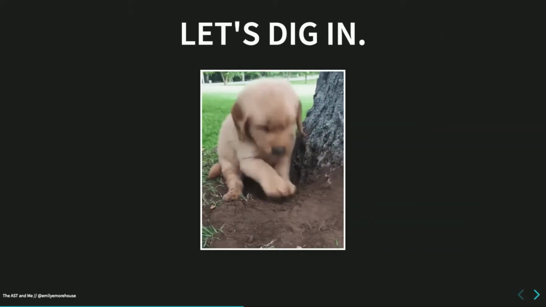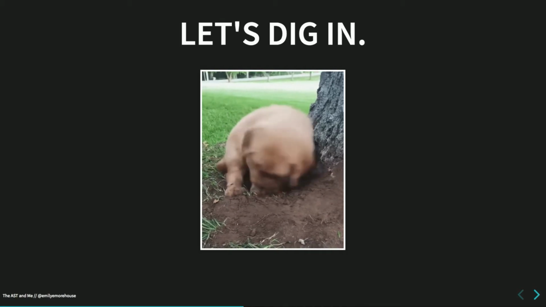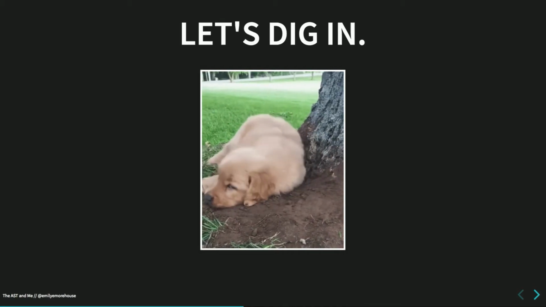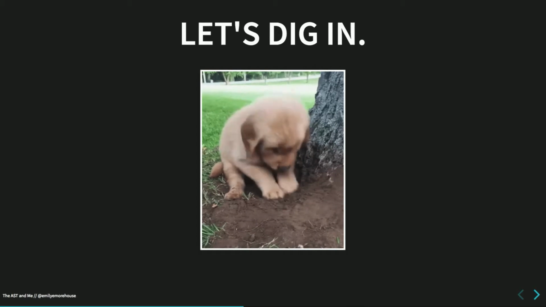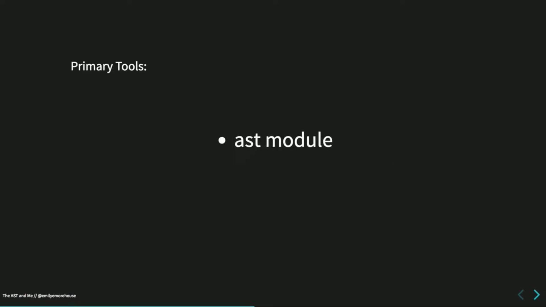So let's dig in. Now that we have an understanding of the life cycle of a piece of Python code, let's see how we can actually interact with this process. These are, again, Python specific. Some of the primary tools that I like to use are a couple of built-in modules in the Python language itself. There is an ast module that you can use to interact with the AST.